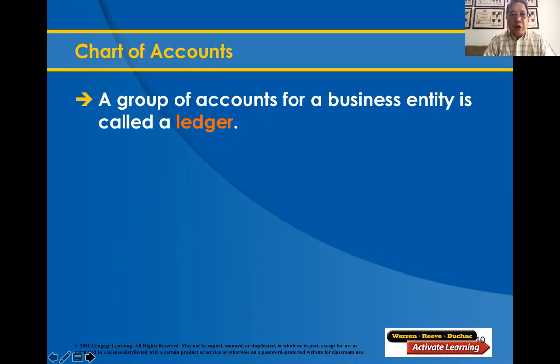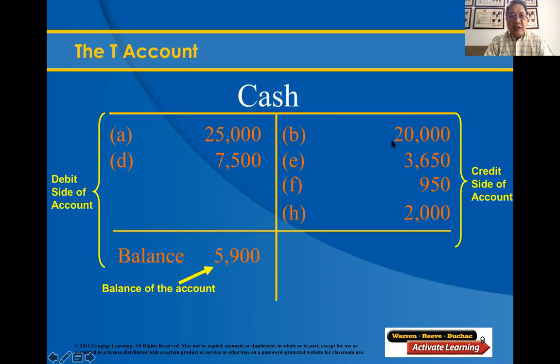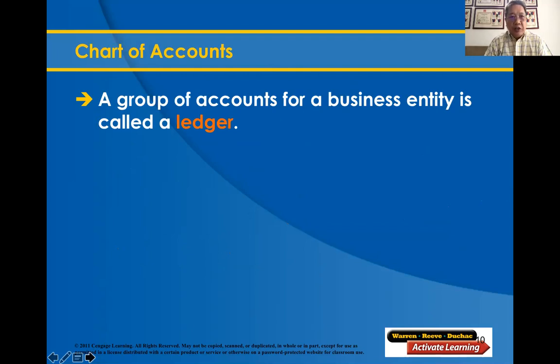Okay. The group of accounts for a business entity is called a ledger. This one, the T account, is the ledger. Simple ledger yan. In your book, if you will go over your books, which I hope by now you already have, ay makikita nyo 4-column ledger.